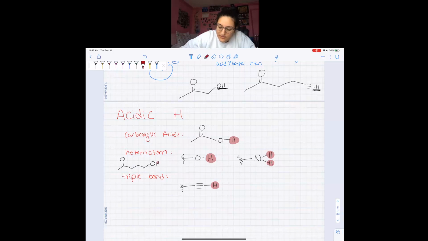This hydrogen will be acidic, and the reaction won't happen. Same with a triple bond. Let's say we have an aldehyde, right? And then on the end, we have a triple bond. This hydrogen is too acidic, the reaction won't occur. Is this a little bit more clear written out like this?